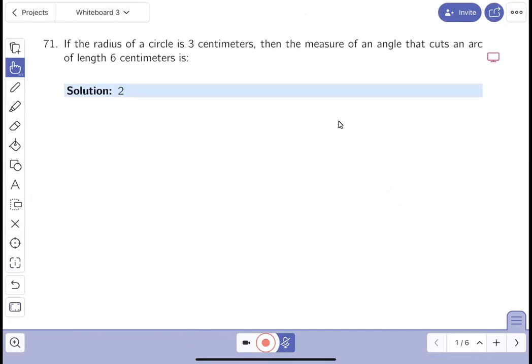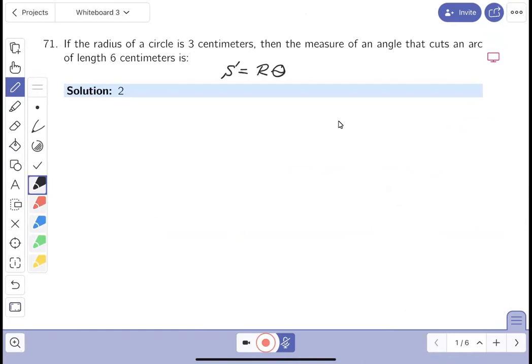If the radius of a circle is 3 centimeters, then the measure of the angle that cuts an arc of length 6 centimeters is, well, I remember this from the beginning of the semester, that S equals R theta. It's kind of the defining feature of radian measure. Theta is in radians, and radian is a unitless measure of an angle.